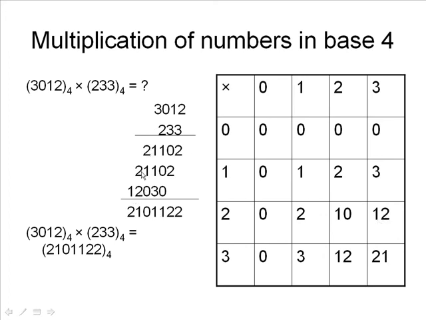Now we add these three numbers together. 2 carry down. 0 plus 2 is 2. 1 plus 0 plus 0 is 1. And 1 plus 1 plus 3 is 5, which is 11. So we write down 1 and carry the 1. Plus 1 plus 2 will be 4, and 4 corresponds to 10 in base 4.